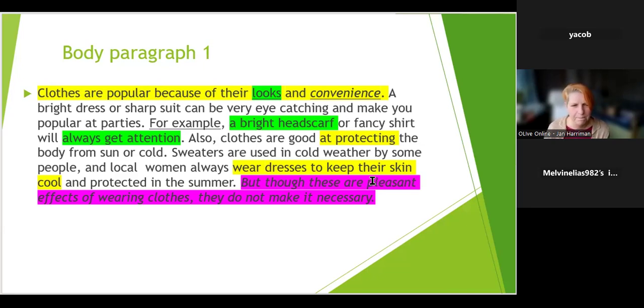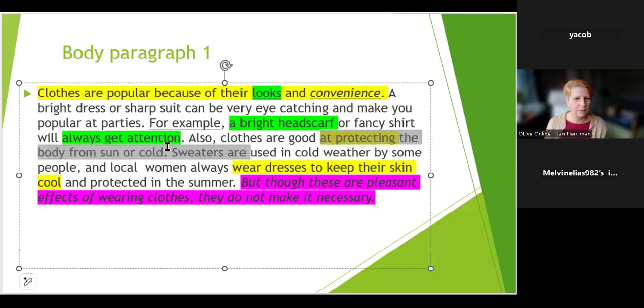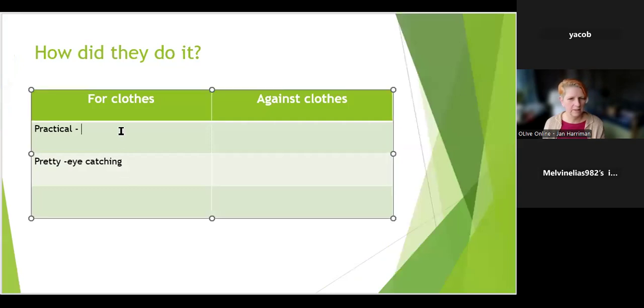Protecting from the sun, yes. And under practical, it's protecting the body. Just protecting the body. So we'll put that in practical.